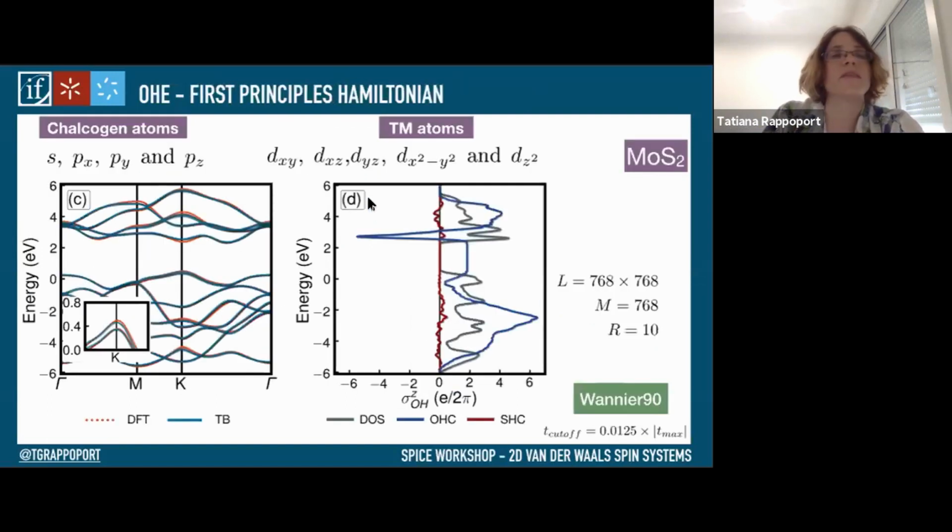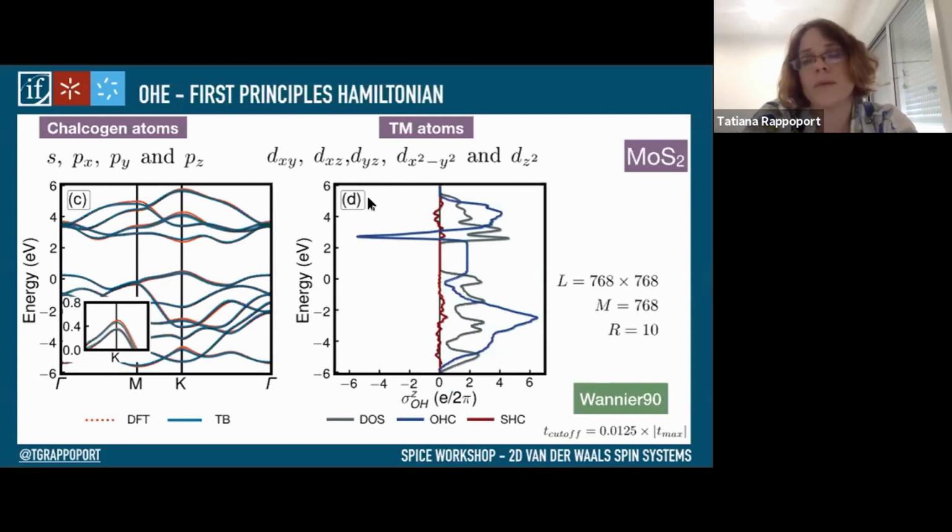Of course, I could think that I'm always discussing a restricted space. I'm not considering all the different orbitals in the system. So you could think that maybe this is why I get the strong orbital Hall effect and these plateaus.